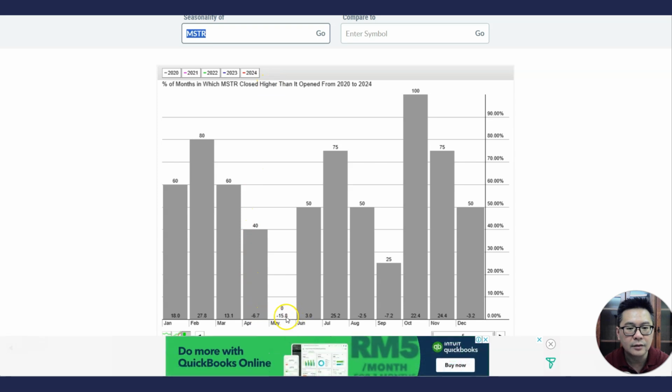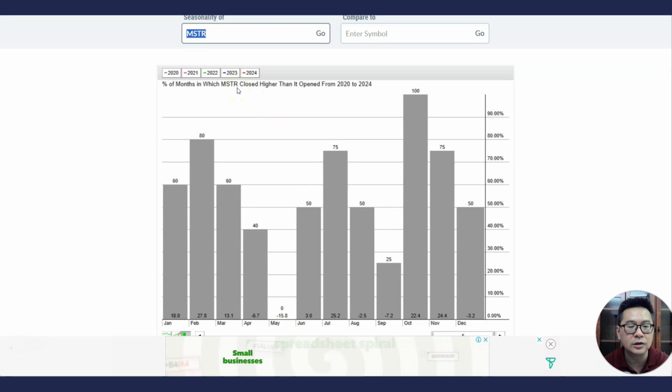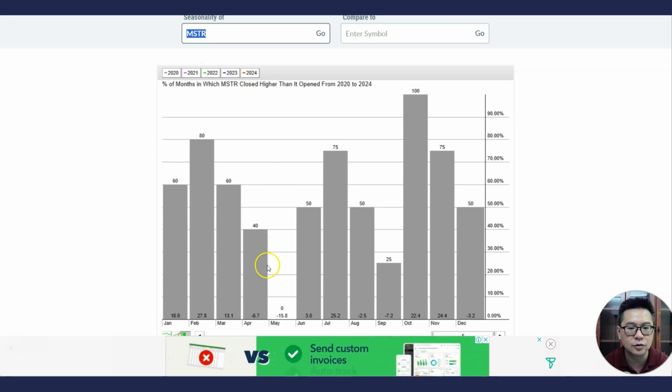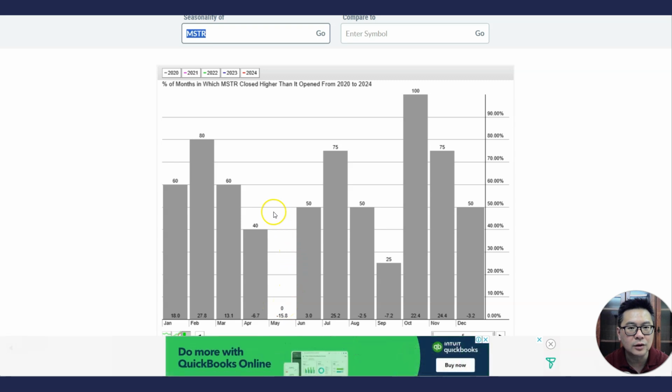In May, it's not a good month for MicroStrategy. There's a 0% chance of it closing higher for the past 4 years, this is history. So when you trade MicroStrategy, you might want to take that into consideration.